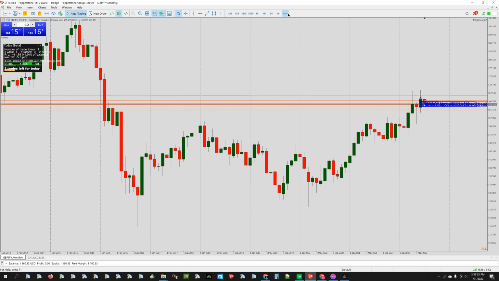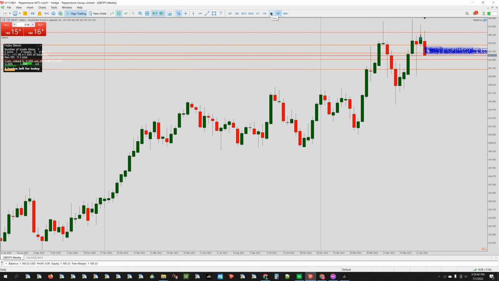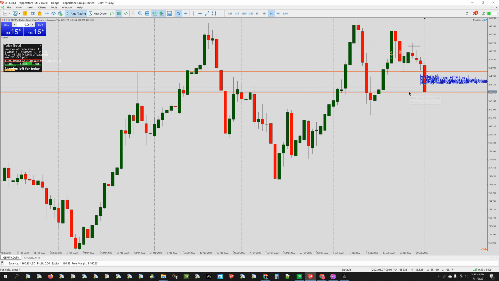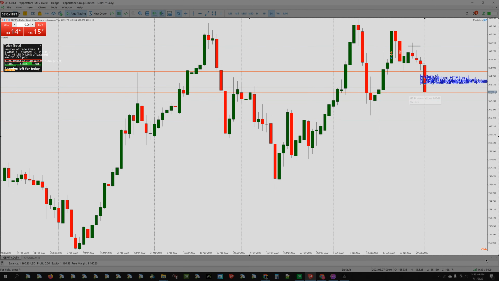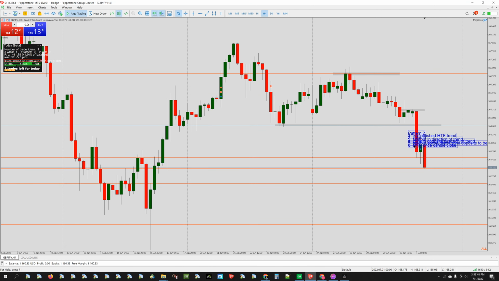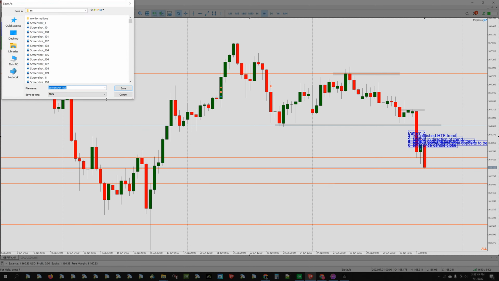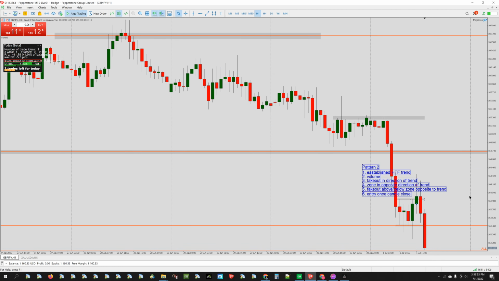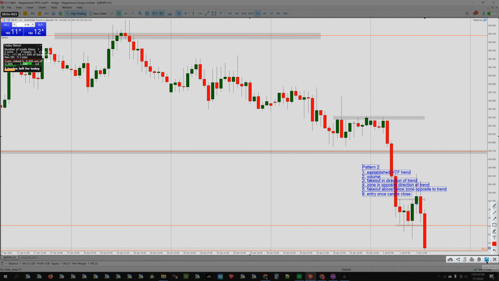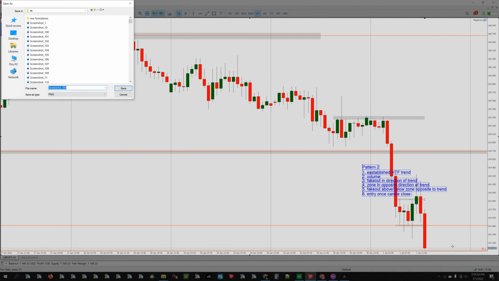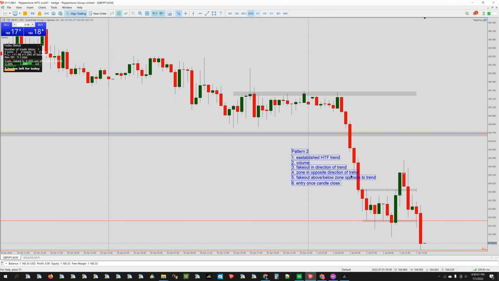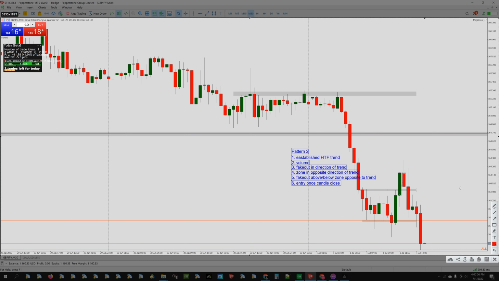Now I will save this pattern on blog for further references. We don't need monthly, we don't need weekly, we will start from daily. 4 hour, H1, M30. This is our entry and this is our potential stop.